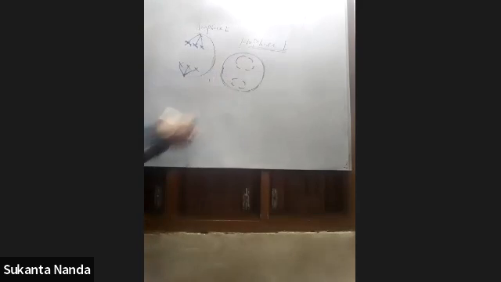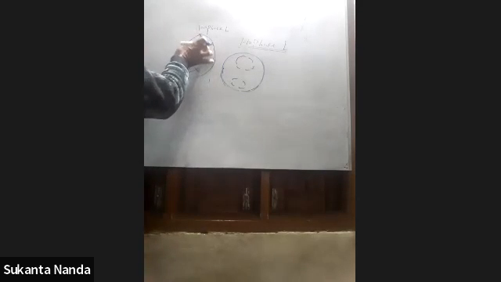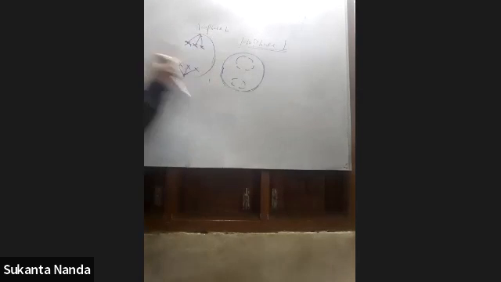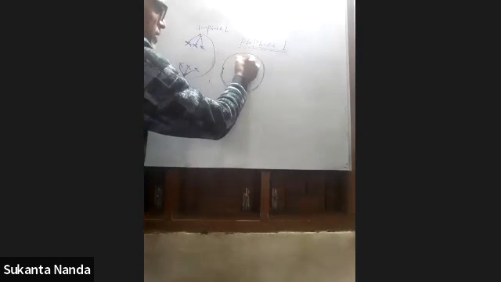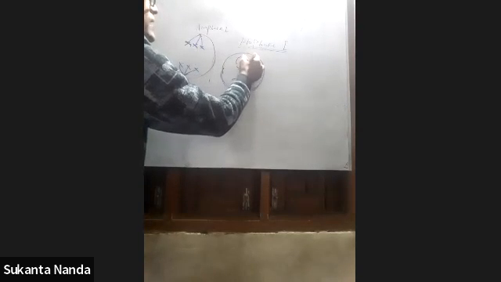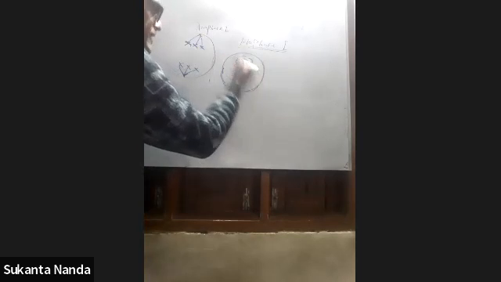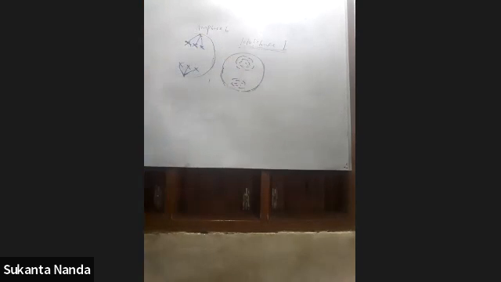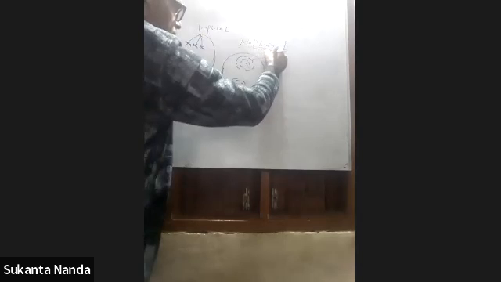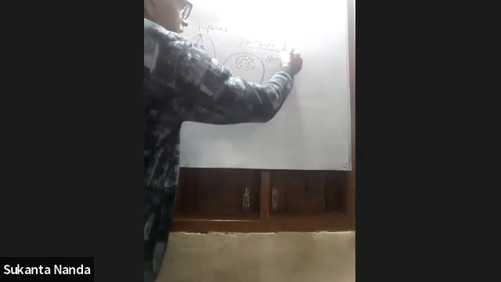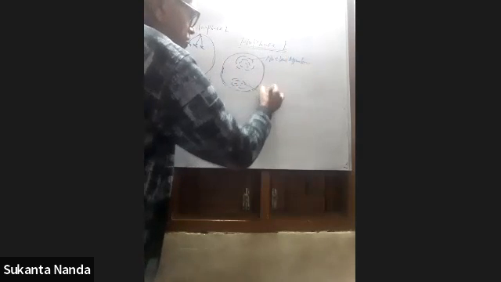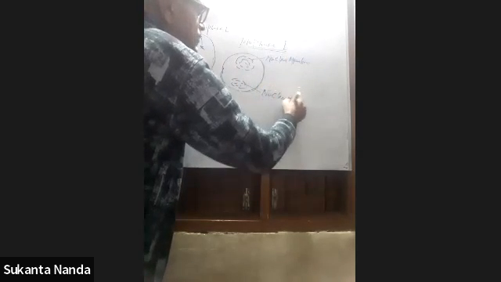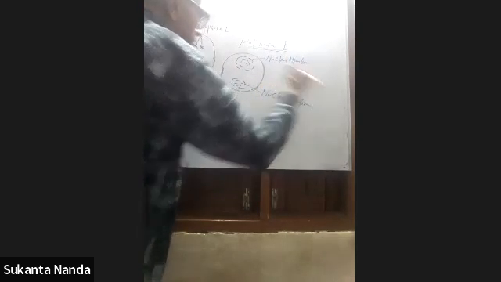These chromosomes decondense and appear in the form of chromatin in telophase. These are the nuclear membranes, and the nuclear membranes appeared here also.